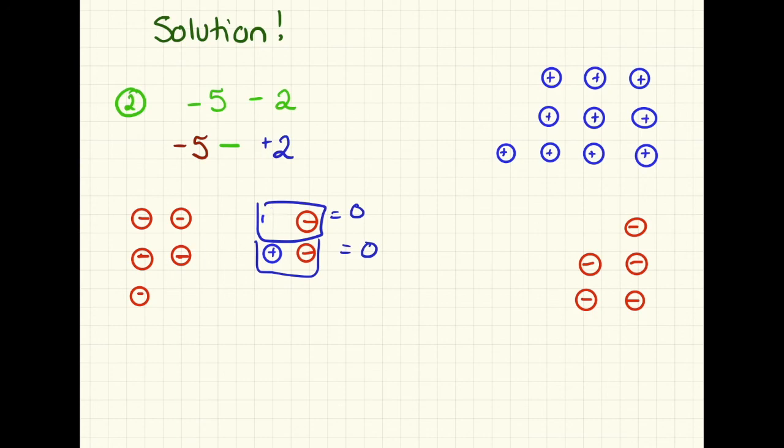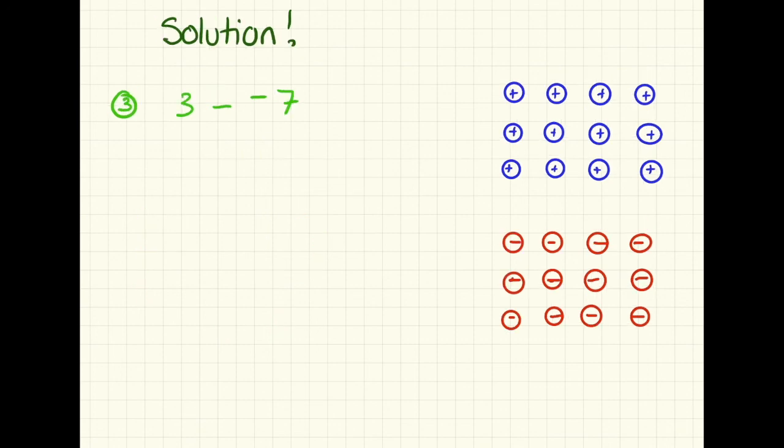So I'm going to actually just erase them. And what I have left are 1, 2, 3, 4, 5, 6, 7 negatives. So the answer to -5 minus 2 or -5 minus a +2 is going to be -7 or 7 negatives. So that's the solution to number 2.